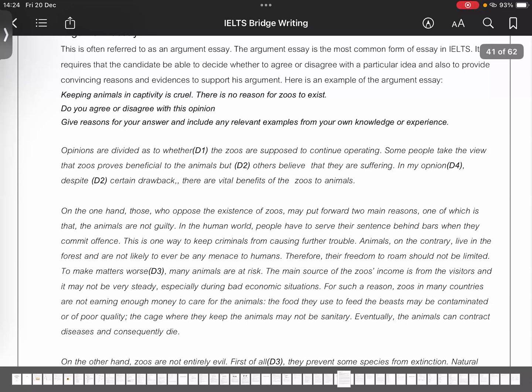Now, let's have a look at the introduction. So it says, opinions are divided as to whether the zoos are supposed to continue operating. So what does the statement tell you?